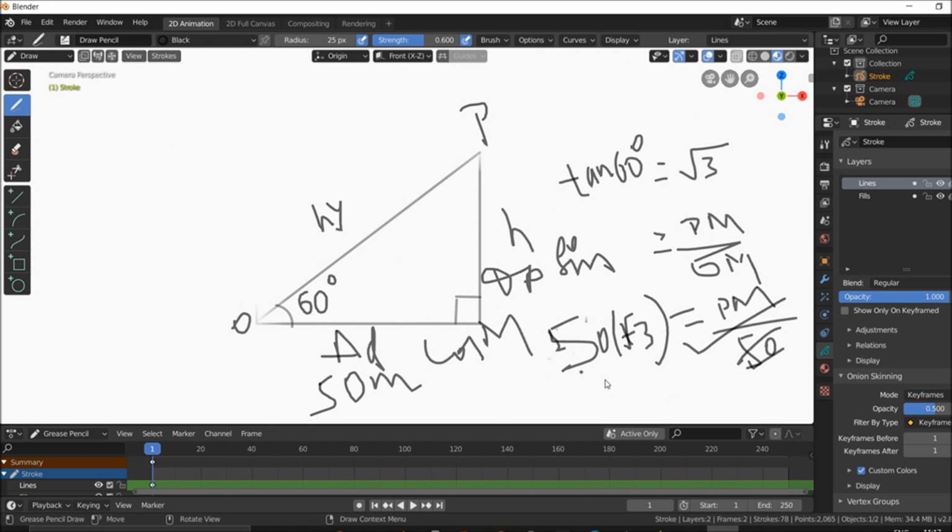Any of these things will be there. Suppose tan 60, tan 40, or any other angle, and suppose you got the hypotenuse, opposite and adjacent will be there. So you can take an angle from anywhere and calculate from that point. The right angle triangle is very helpful. If you try to calculate from any side, it will be very helpful.